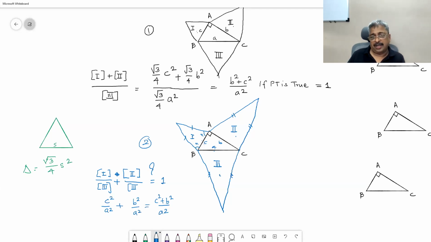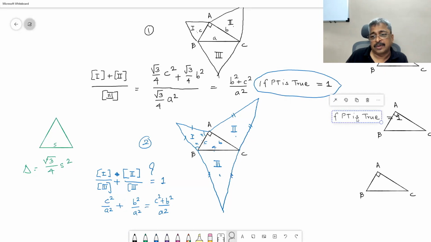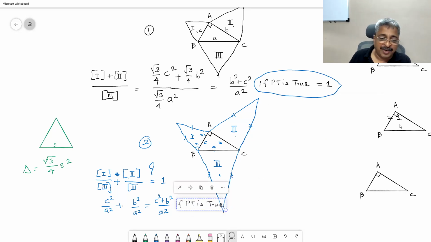Therefore, if Pythagoras theorem is true, then that is equal to 1.